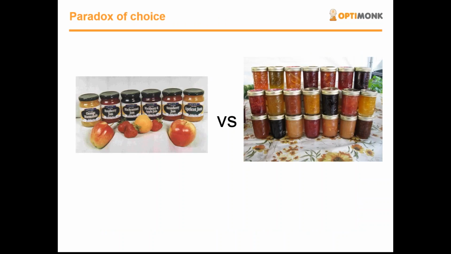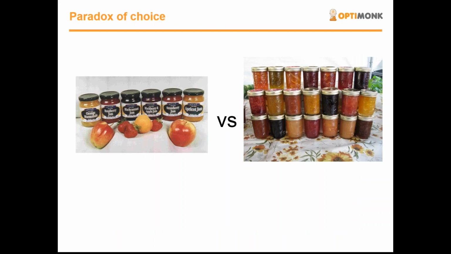Actually, there was a case study made in France in the 2000s, where in a supermarket they compared jams. At the jam tasting booth, in one case, they featured 6 different flavors of jams, while in the other case, they displayed 24 different kinds of jams.